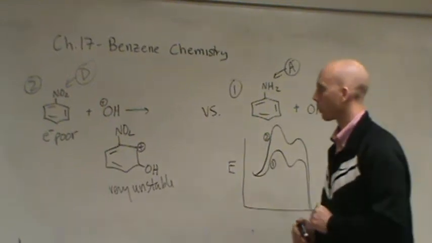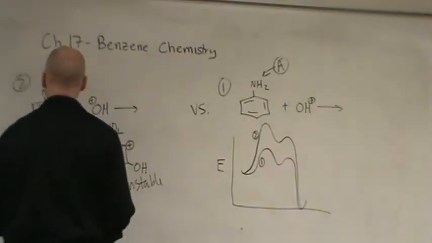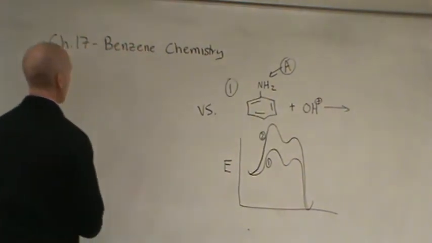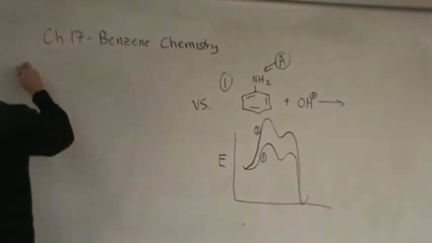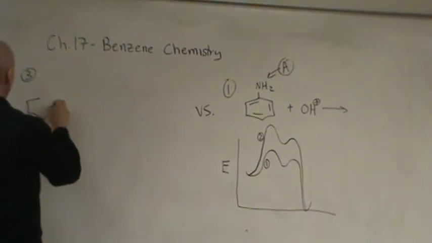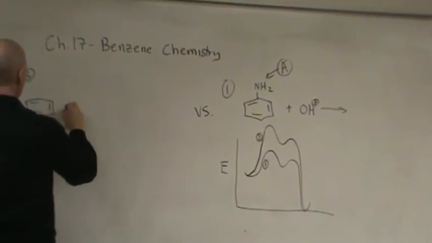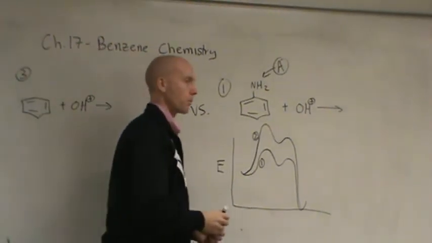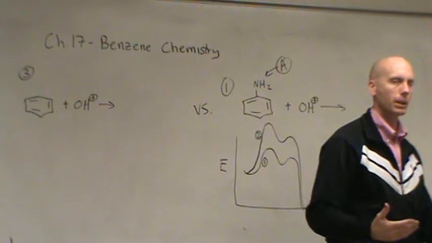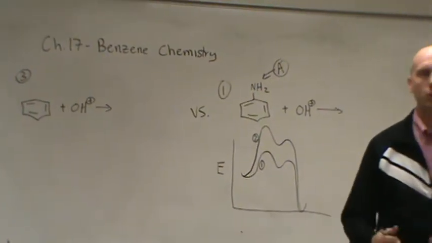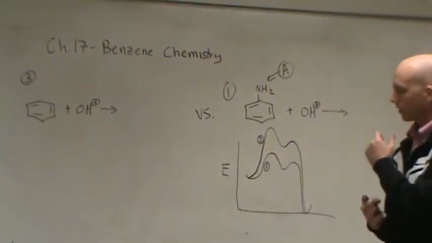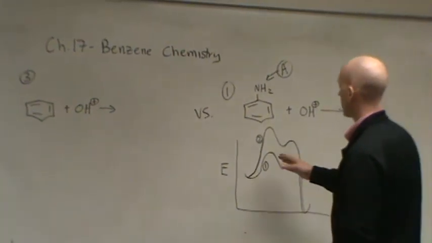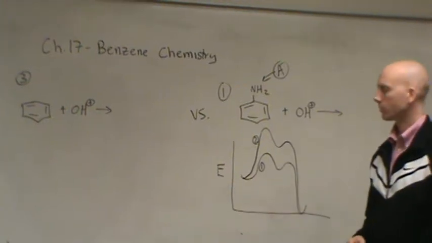Now let's add one more into the mix and call this number 3. And in number 3, I'm just going to take plain benzene that doesn't have any group on it. Where will this fall on this graph? Okay.